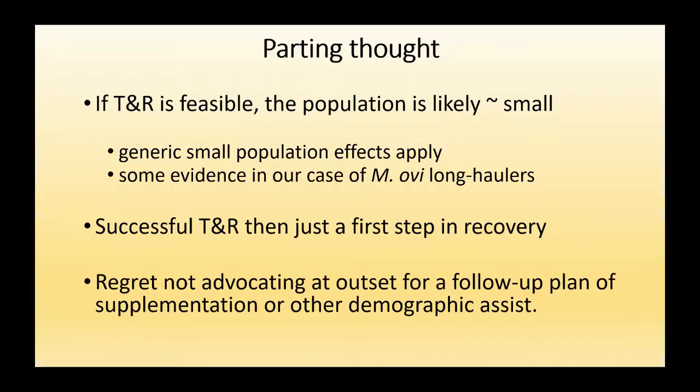And I think my main regret in terms of my participation in this particular test and remove effort is not advocating at the outset for a follow-up plan of supplementation or other demographic assist for this population, because every year that we go without lamb production, either because MOV is in the population or because of these small population effects or because of these long haulers, it's a deeper hole that we're in and a harder hole to get out of. So I think that's pretty much all I had to offer, and I'll turn it back to you.